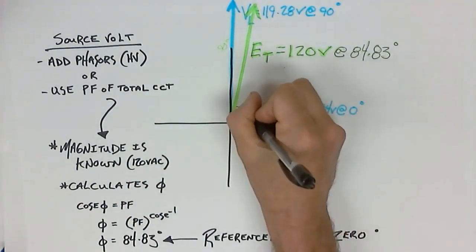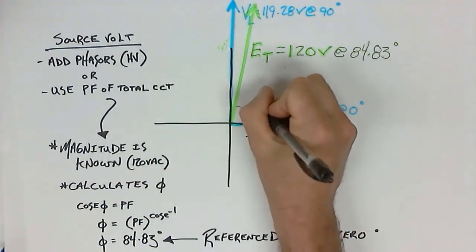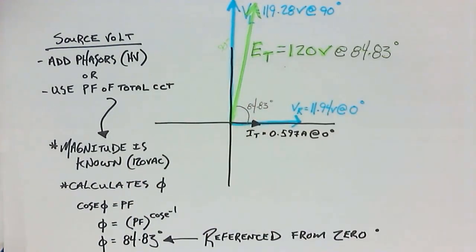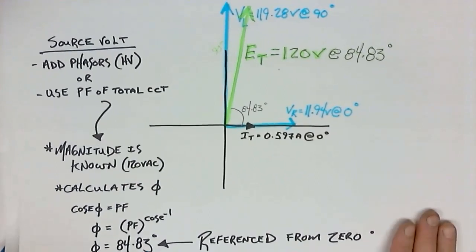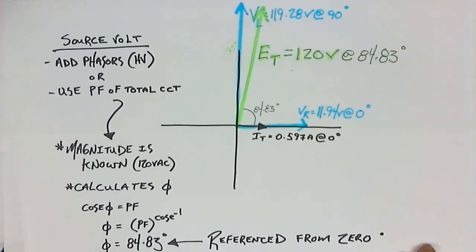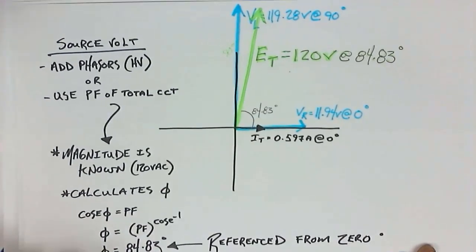That's the angle right here. All right, so that brings us to the end of our first example of how we combine values for a series RL circuit. We're going to do a few more examples to give you an idea as to some of the differences and how we combine values in different ways.